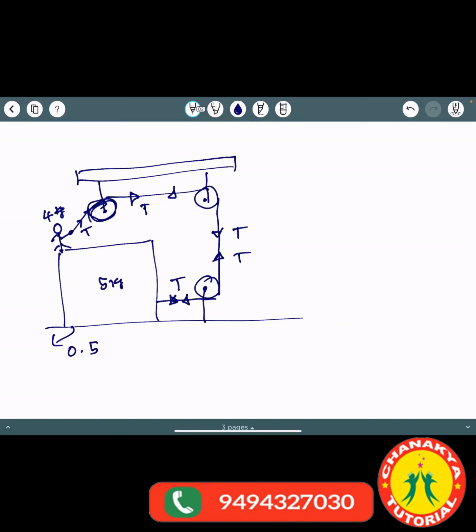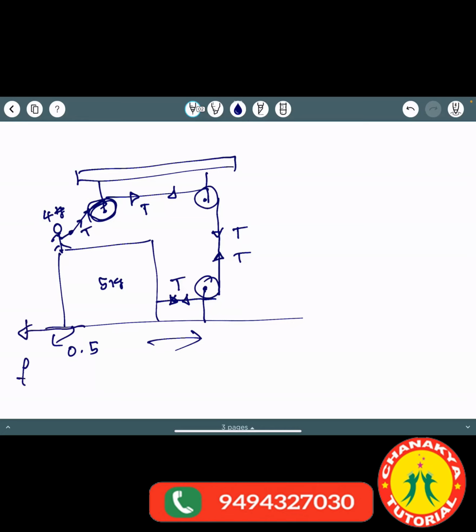So now tell me, if this block should not move, what is the condition? What is the force acting on this block? Which force can move this block in this direction? Friction will try to stop it, no?